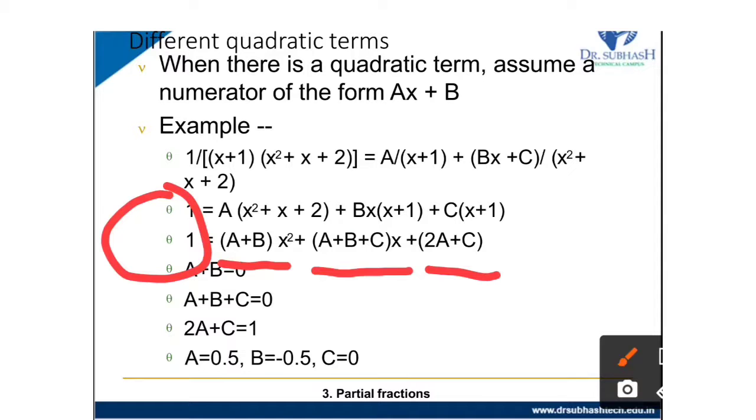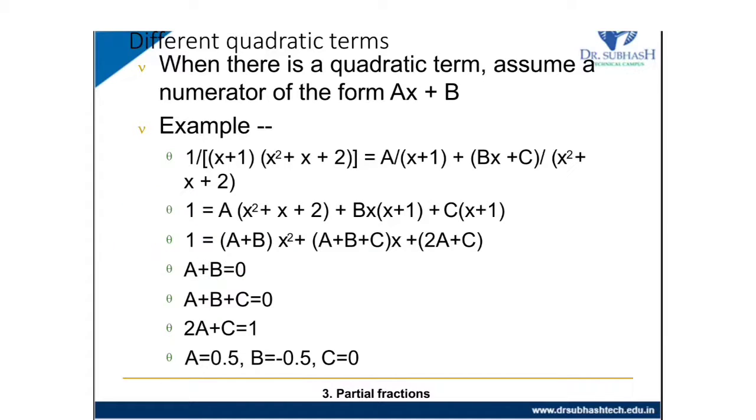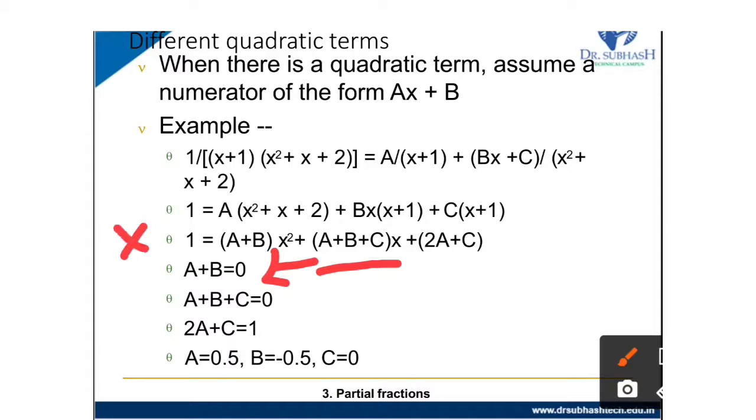Here the x square term is not present on the left, so whatever is multiplied with the x square, a plus b, equal to 0. So after comparing both the equations from the left side and right side, a plus b equal to 0. Then for the next term, a plus b plus c equal to 0, since there is no x term.